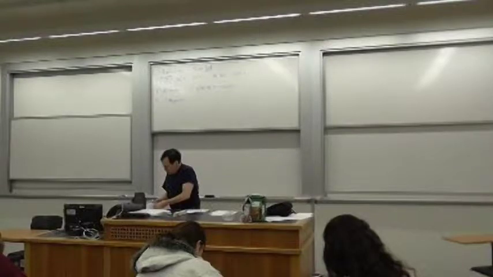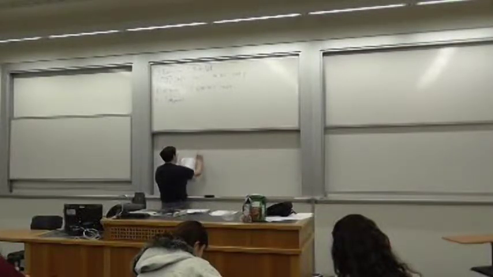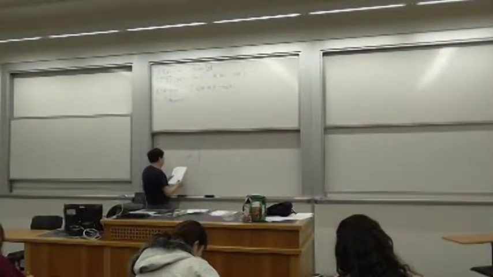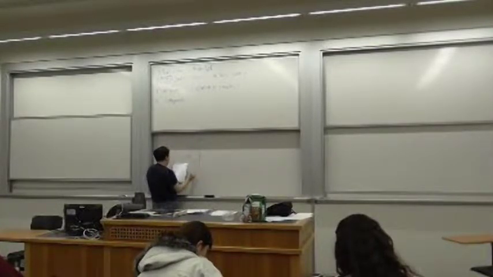So what we're going to do is we're going to look at a right triangle. One of its smaller angles is theta. We're going to call the hypotenuse r.